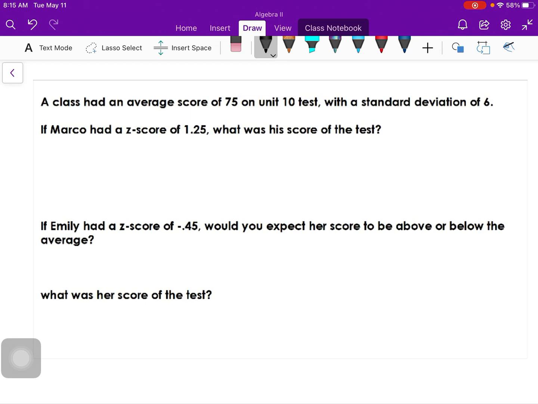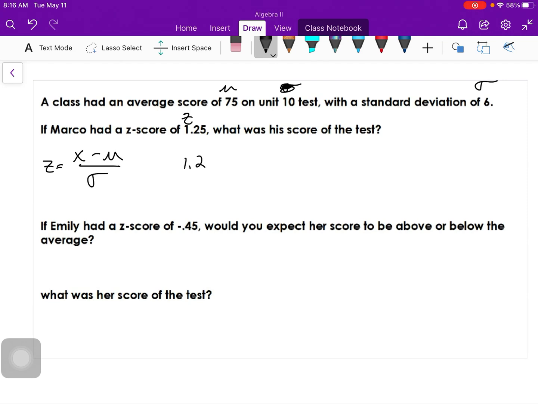Okay, so a class has an average of 75 and a standard deviation of 6 on the unit test. The z-score is 1.25. What is his actual score? So what I'm going to do is just take the same formula and plug in what I know here.